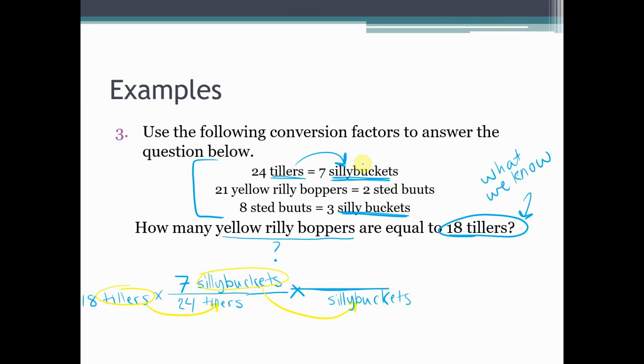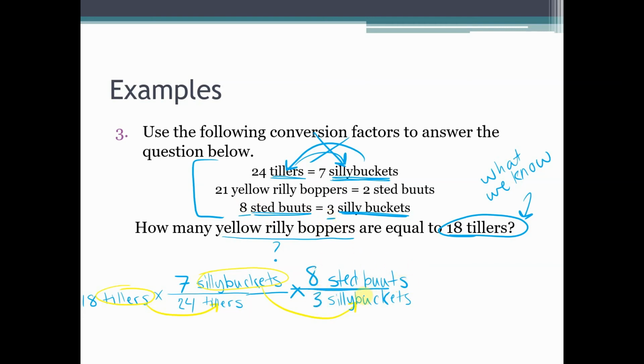Well, we don't want to go back to tillers because that's just going to take us back to where we started, which is not a good use of time. So we probably want to use this conversion down here to stead buttes. That's what we're going to call it. So we're going to put our stead buttes up here in the top. And once again, to fill in our numbers, we are just going to use what we were given. 8 stead buttes in 3 silly buckets.